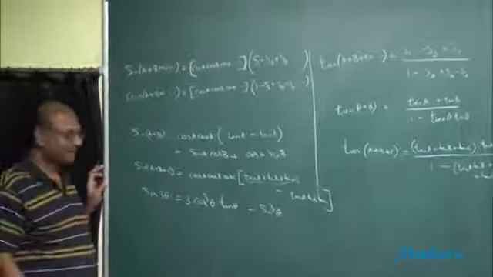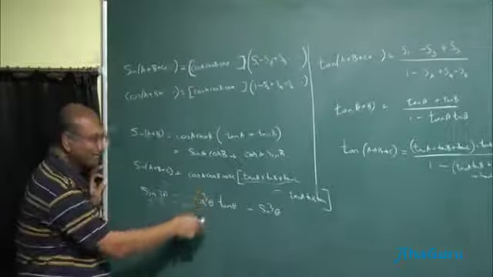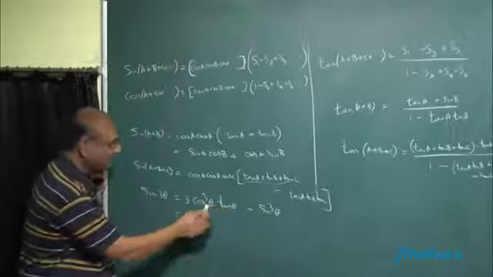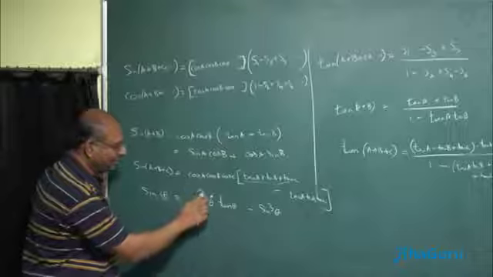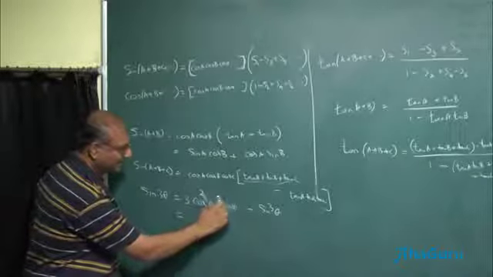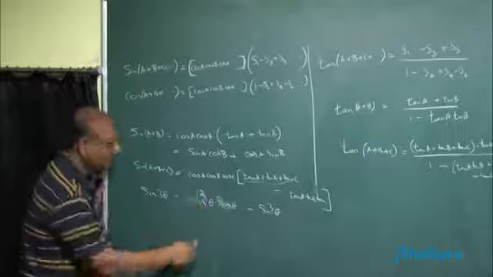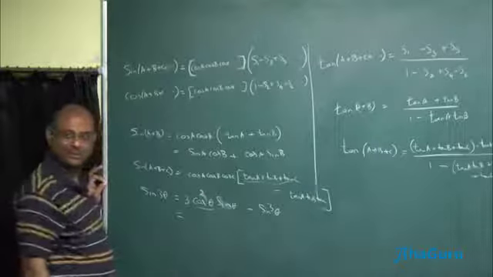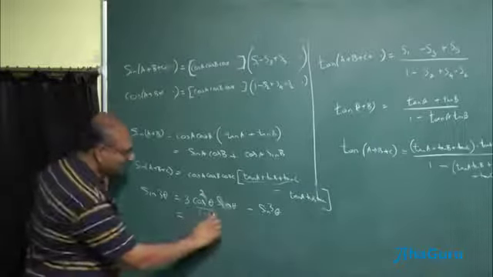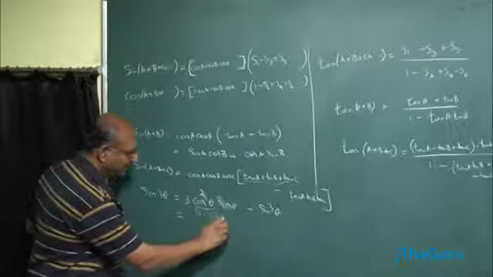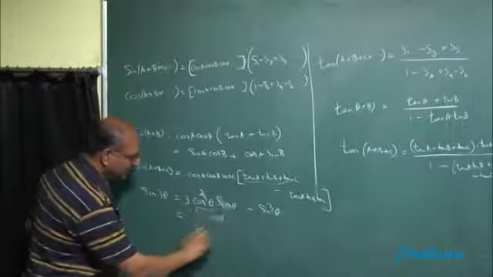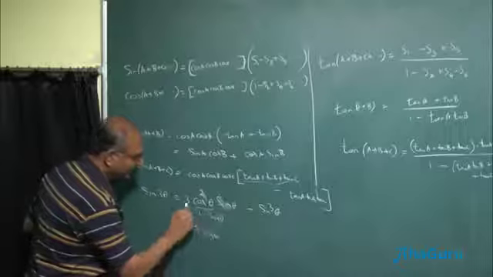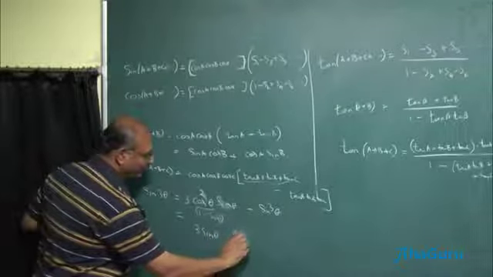Right? But this one, this is a sine by cos. So this is actually cos square into a sine. Cos square I can write as 1 minus sine square. So if I write it as 1 minus sine square, so 3 sine theta minus 4 sine cube theta.